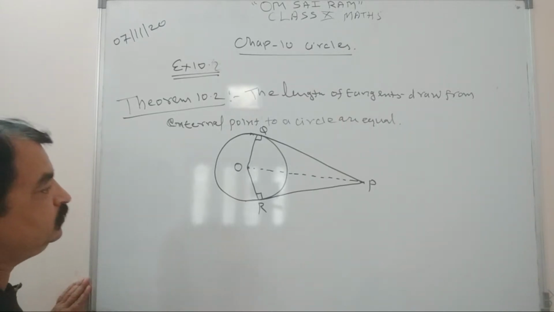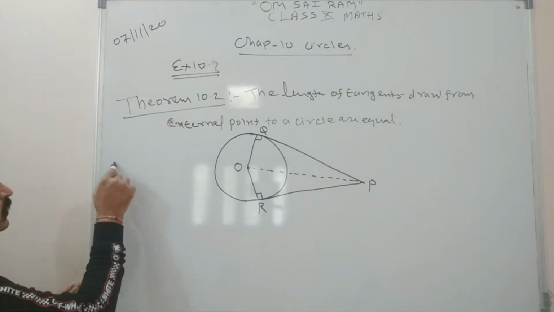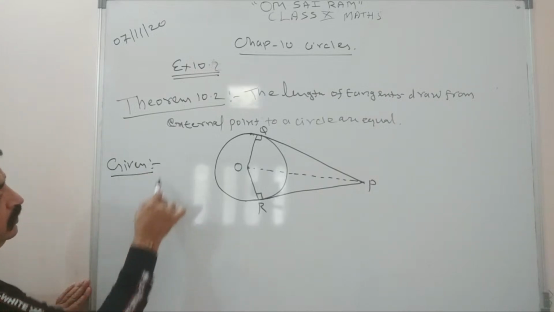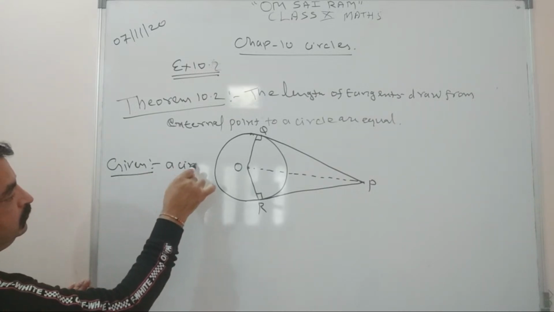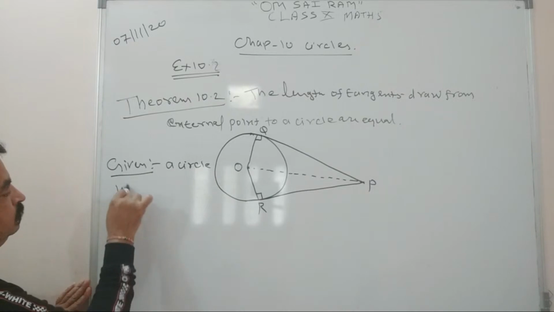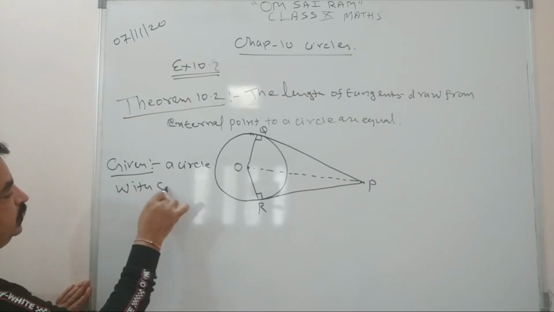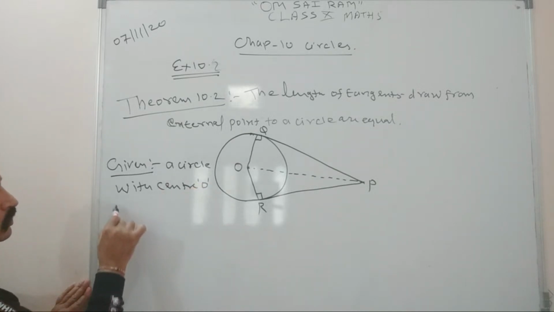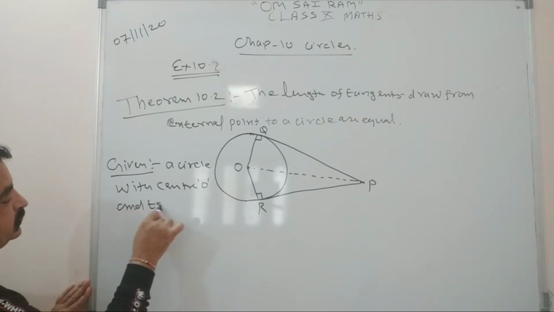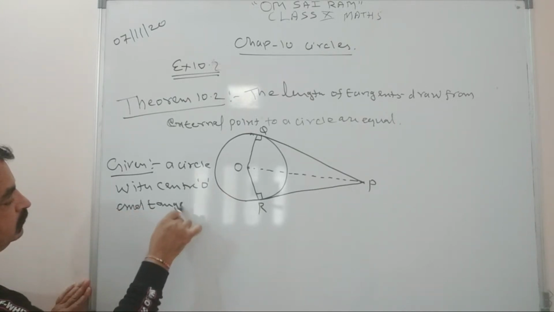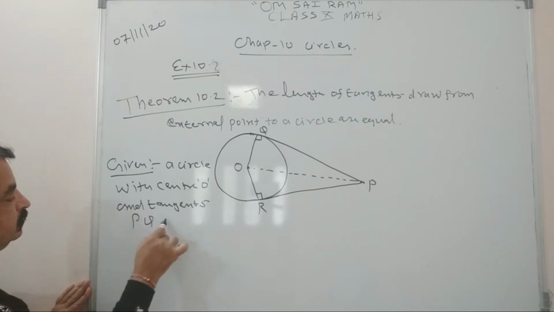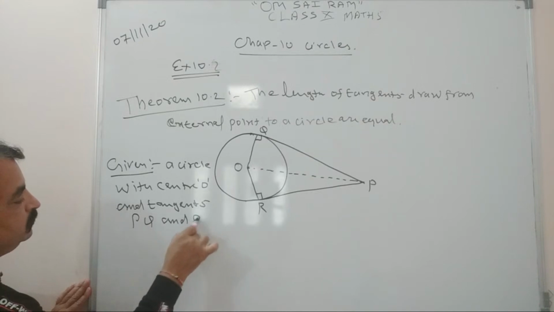So now according to the figure you will make the given, children, right? What will you write as given? A circle with center O, and tangents PQ and PR.